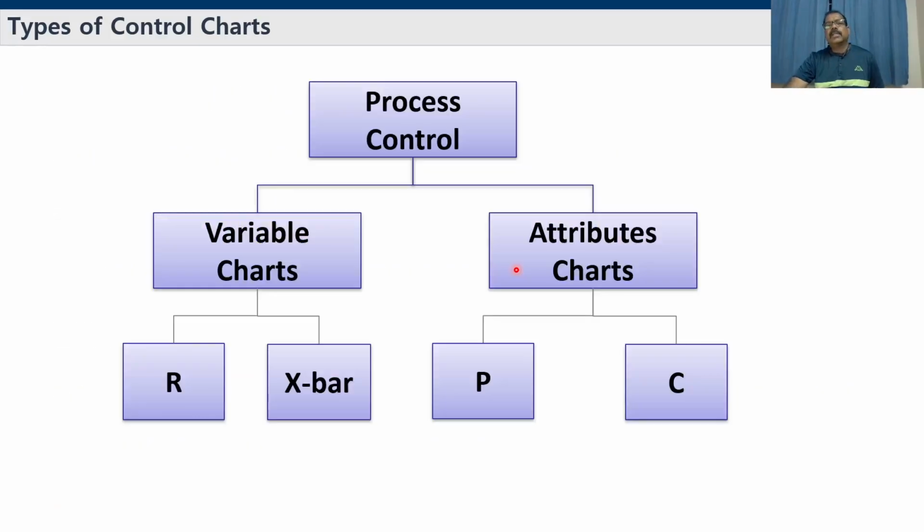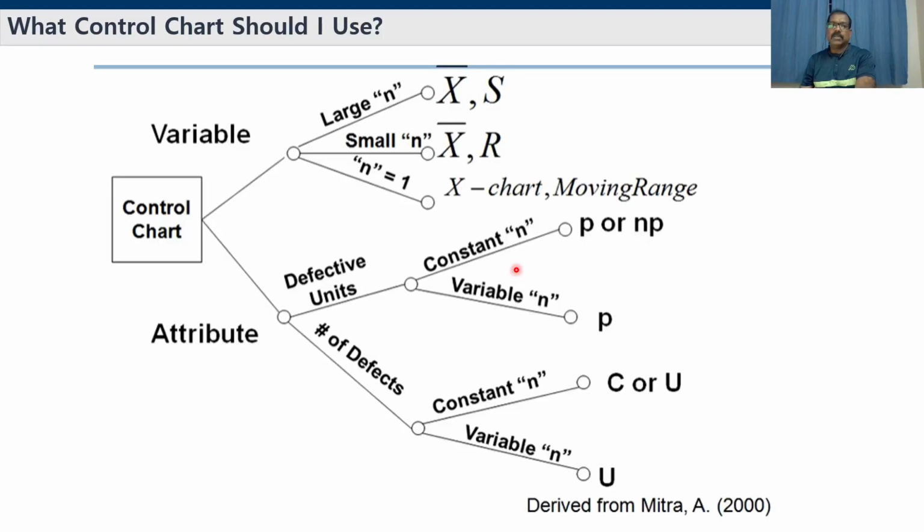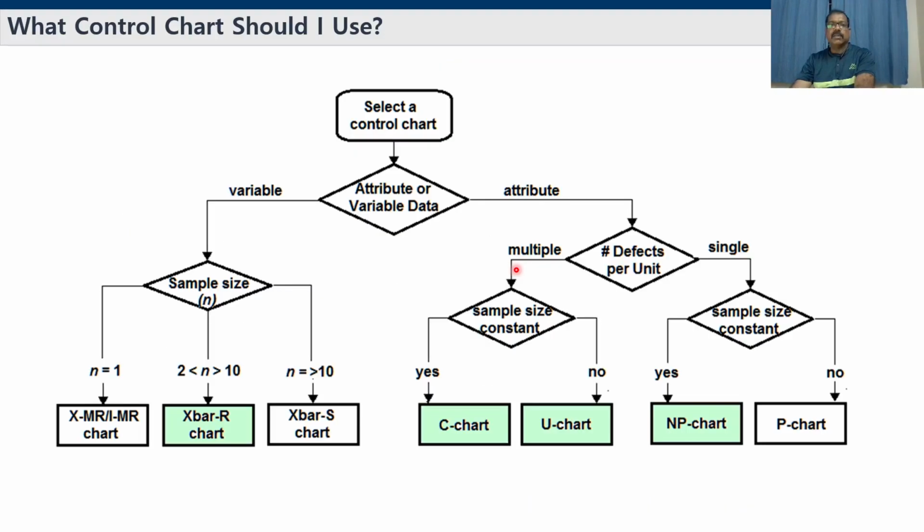So process control charts are classified into variable and attribute. Under the variable charts are the R and X bar charts; under attribute charts, the P and C charts. How to decide the control chart, we discussed with the diagram: based on variable or attribute, sample size, and number of defects, whether multiple defects or a single defect.